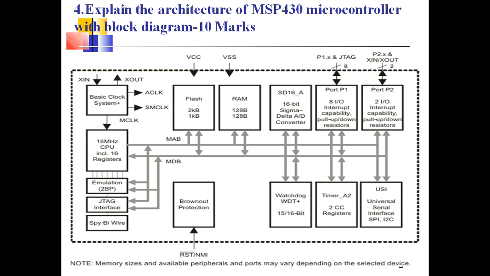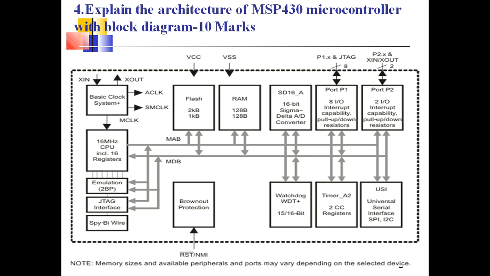The basic clock system gives the different clocks, master clock, sub main clock and auxiliary clock, which are connected to the CPU, which performs the different operations using those clocks, including 16 registers, and it has emulation, JTAG interface and Spy-Bi-Wire.